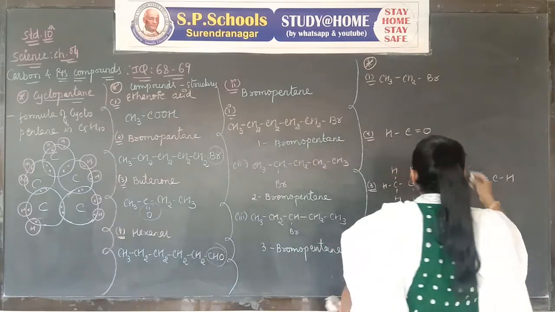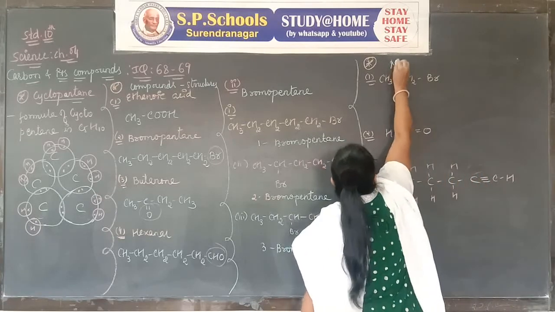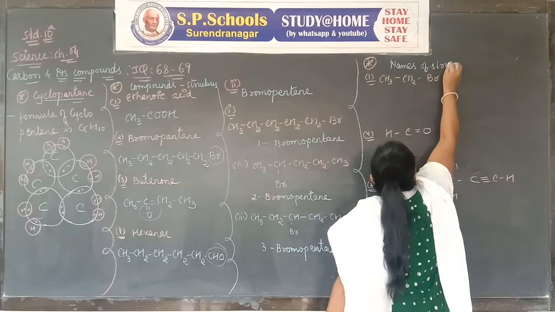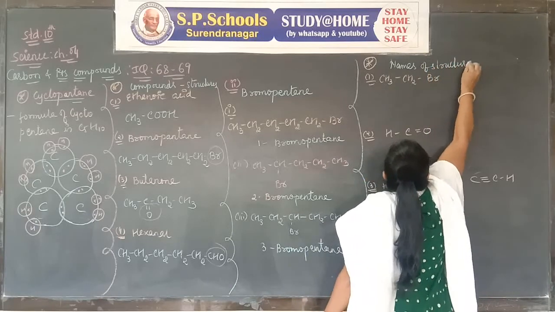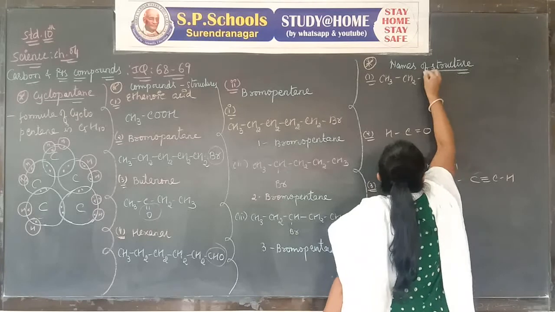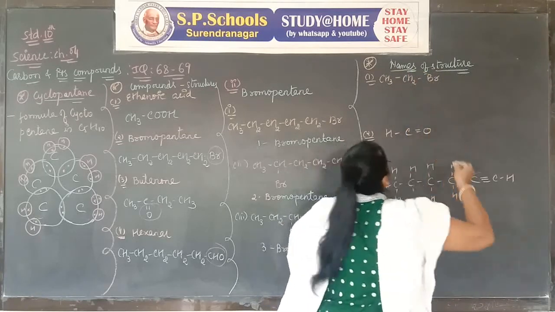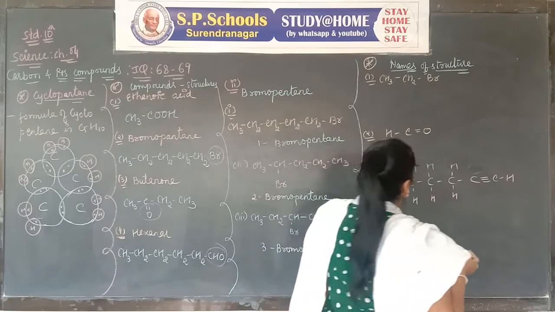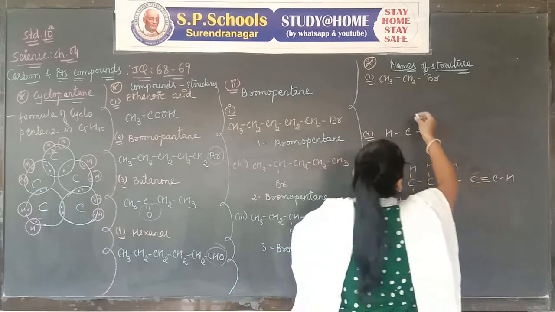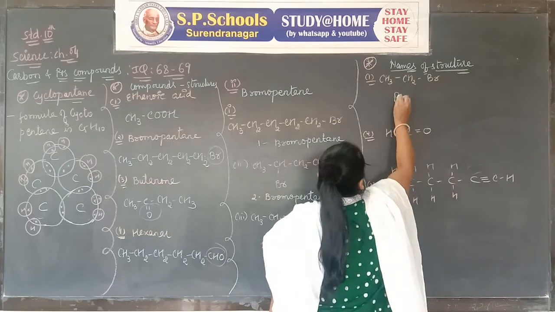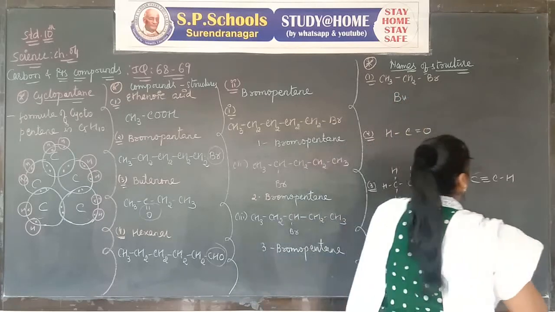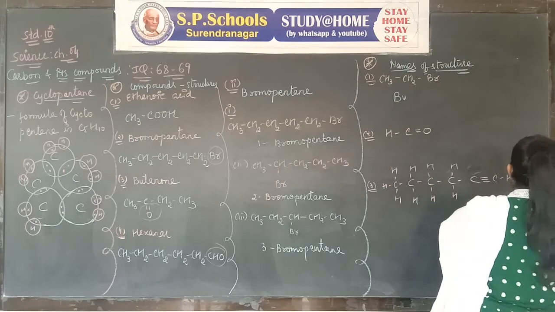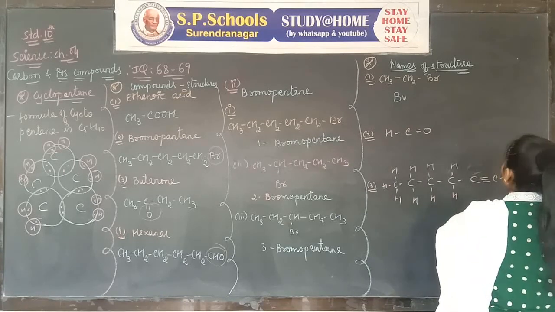In case of structures, we have to write the names again. In case of CH3, CH2, Br, it will be bromoethane.